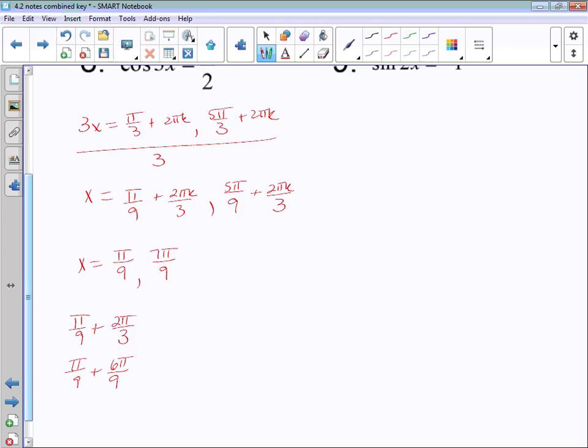You just take what's there. The k doesn't really matter with these because there's not going to be a k in your answer. Okay, can I add again? Yes. What do I get? We're adding it to the 7 pi over 9. So I get 13 pi over 9.